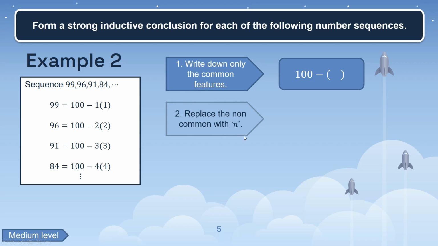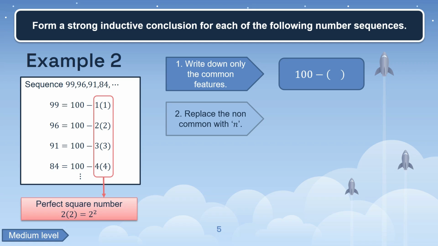Replace the non-common with n. You can do n bracket n, but there is another way to replace the n bracket n, which is, we can see that from here, this is the perfect square number. 1 times 1 equal to 1 square. 2 times 2 equal to 2 square. And then 3 times 3 is 3 square.